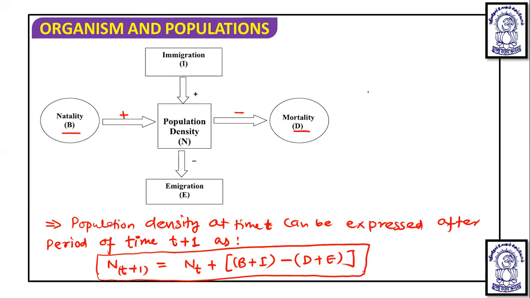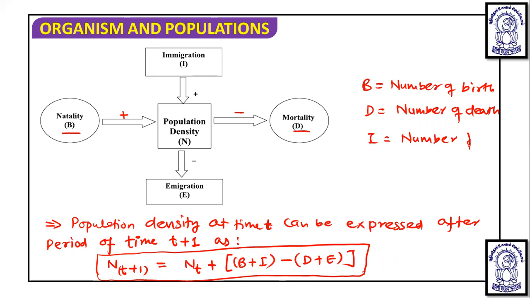So here we remember B is equal to number of births, D is equal to number of deaths, I is number of immigrants, and E is number of emigrants.